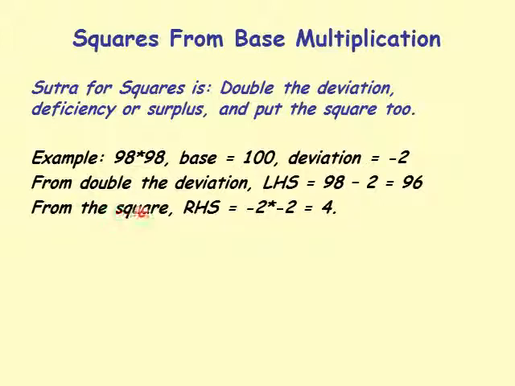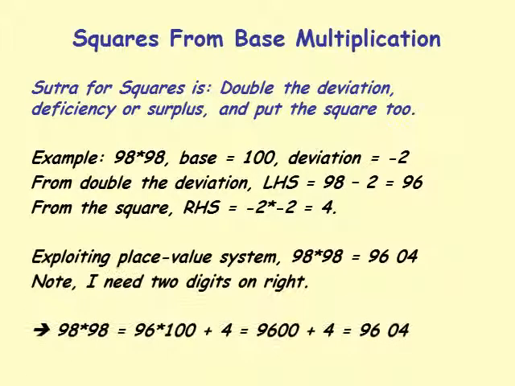And from the square of the deviation, the RHS is minus 2 times minus 2, which is 4. Now if we want to explore the place value system, we need to get 04 instead of 4. 98 times 98 is 9604.